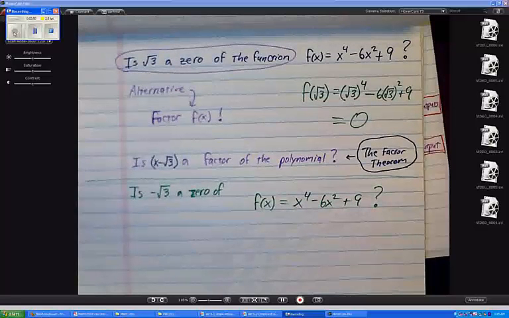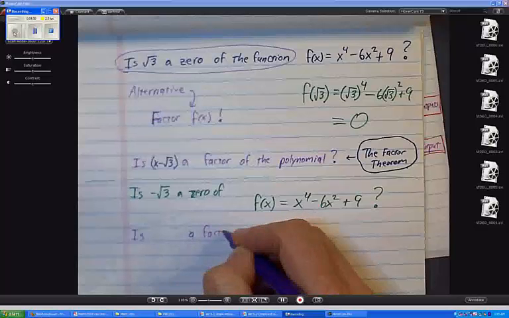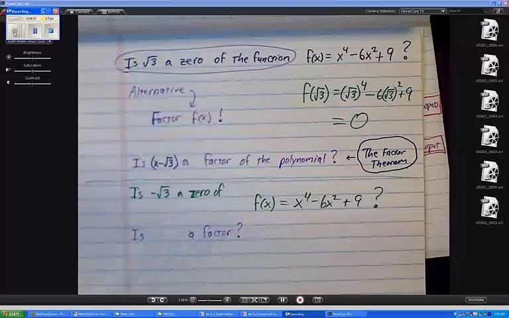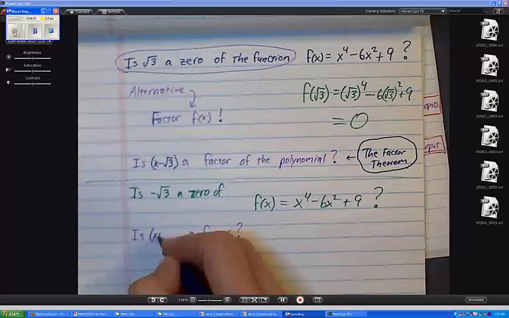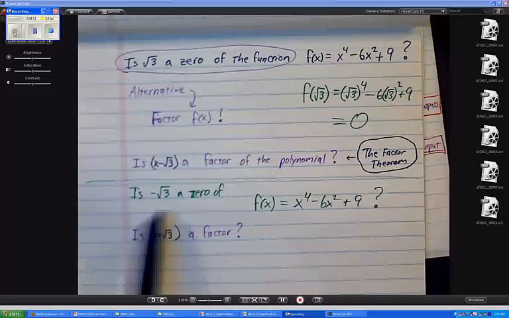Well, I guess what the factor theorem tells me is that's kind of like asking, is what a factor? What do you think? What factor do you think I want to look for here? Very nice. X plus the square root of 3. If that's a factor, that's the same as negative square root of 3 being a 0. Does this make sense to people? With me or no? Okay?